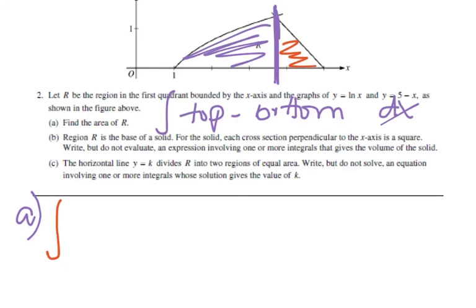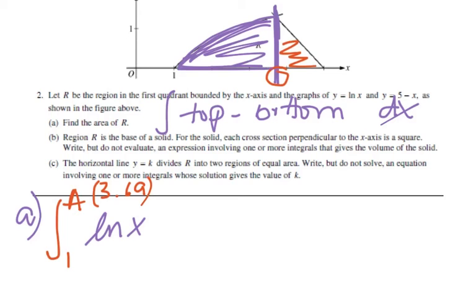So if you use dx, then we can do from 1 to the value right here, which we solved earlier. That's the a value, which is about 3.69 something. If you store that number, you should have it. If you look at this first region, the top is natural log of x. The bottom is actually just the x-axis, which is 0.